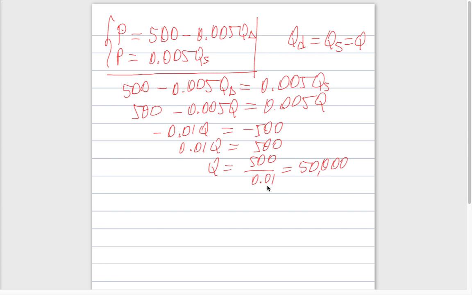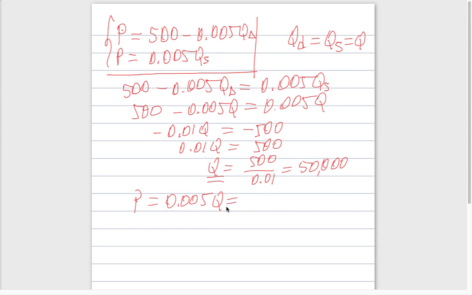Next, wait a second, did I say 50,000? So it's 50,000, yes. Now price at this point will be, if you plug this value into either of these functions, you get the same price. So let's do the easier one.